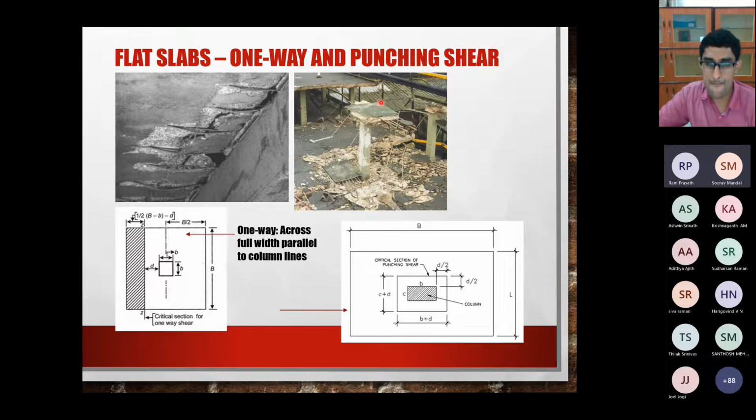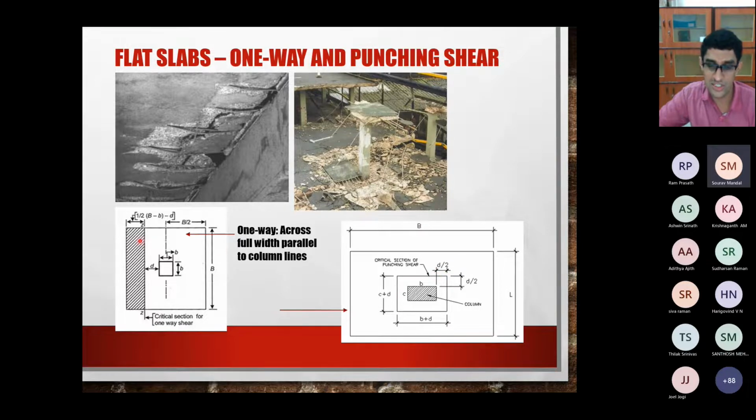In the first image it's at the end of the span, whereas in the second it's in the middle. It's around the column. Basically, the difference is that here the line of failure is along one particular edge. Here the line of failure is in both directions, in other words just around the column.